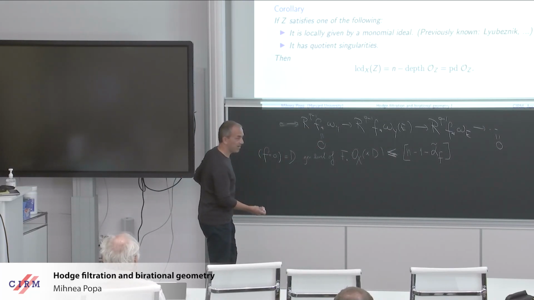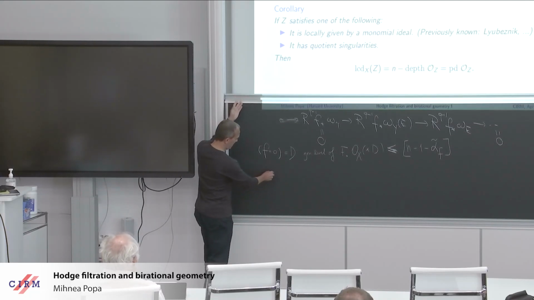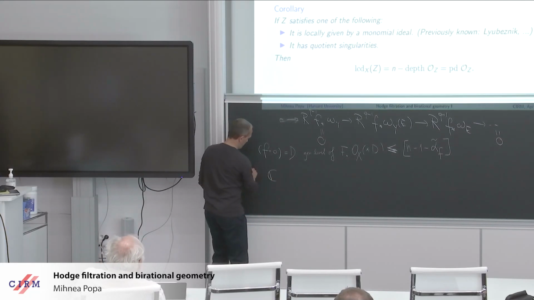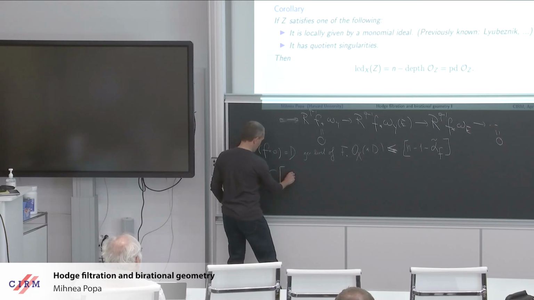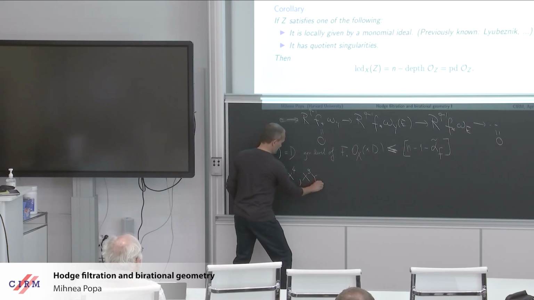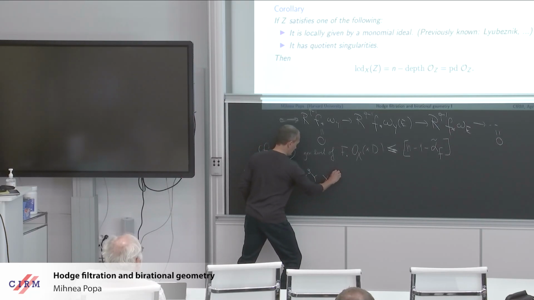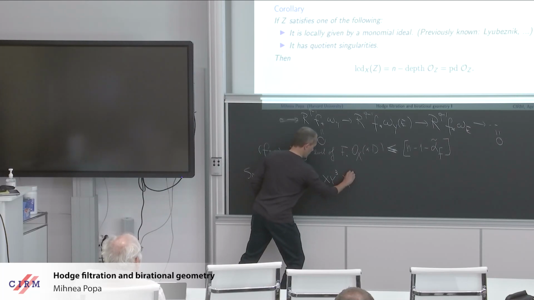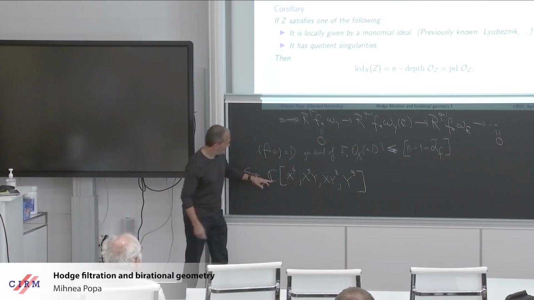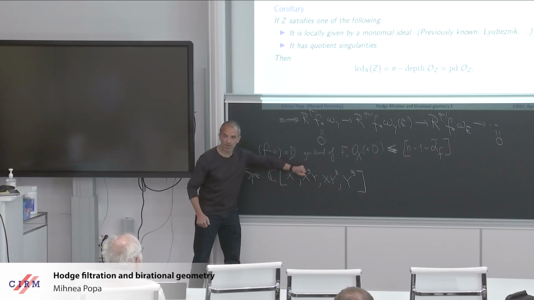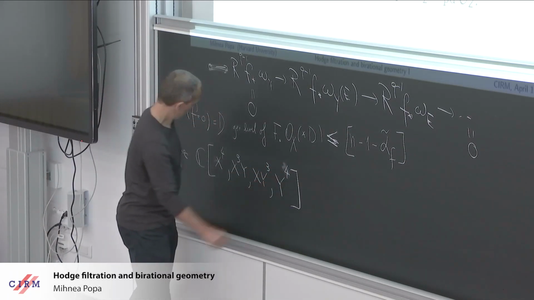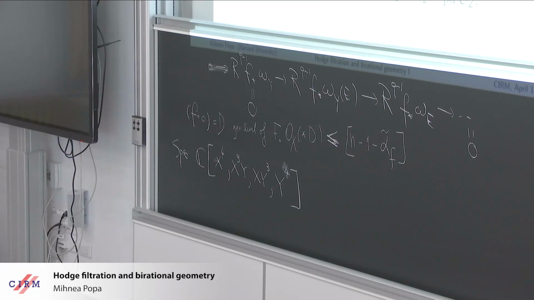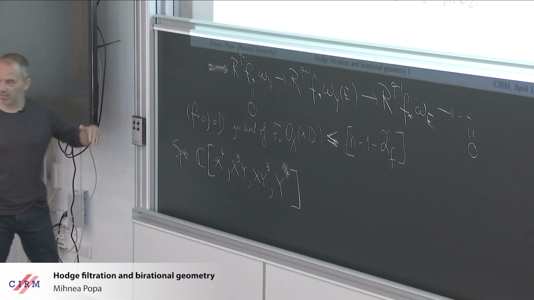So anyways, just for fun, since this is maybe not quite related, this is the example that, okay, I'm going to get this wrong, but this is the example that we were told. It wasn't our idea, but Linquan Ma told us that this guy, where I took out the x squared y squared monomial, y to the fourth, is an example of a non-Cohen-Macaulay scheme where our criteria fail.